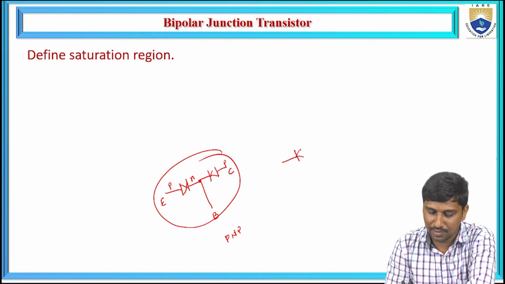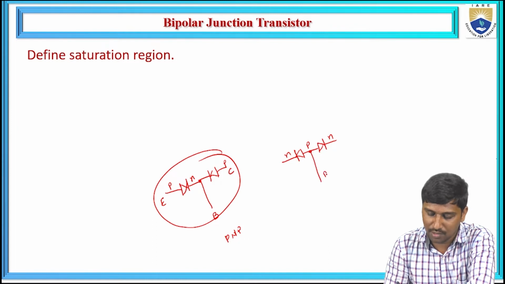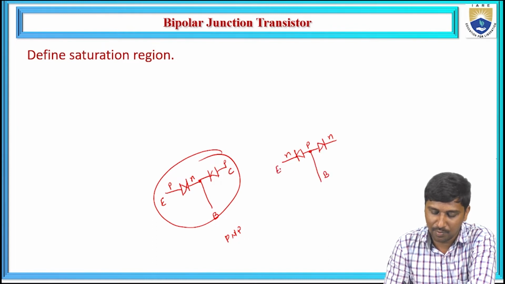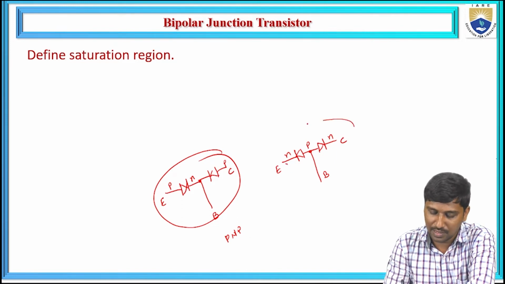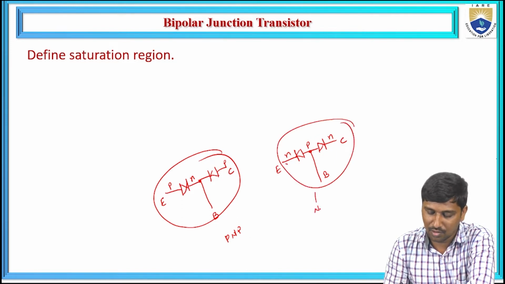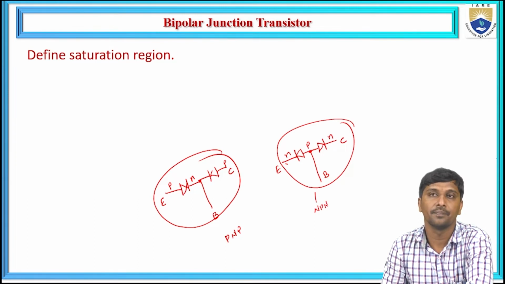And if I draw it in reverse like this, this is N, P, N, back to back, and this intersecting point is called the base, and this is the emitter and collector. This type of transistor is called an NPN transistor.